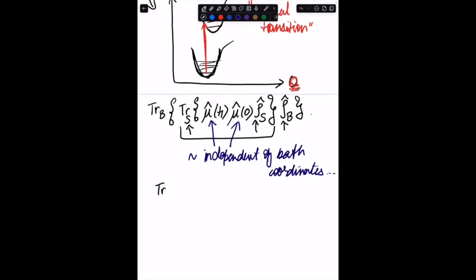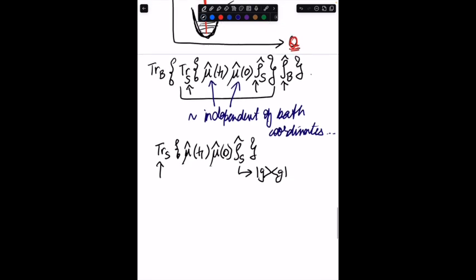So let's just take a trace over all your system states of mu t1, mu 0 with the system density operator, which is given by |g>, and then you're taking a trace over all your system states, which would include <g|, the expression |g> plus <e|, the expression |e>.